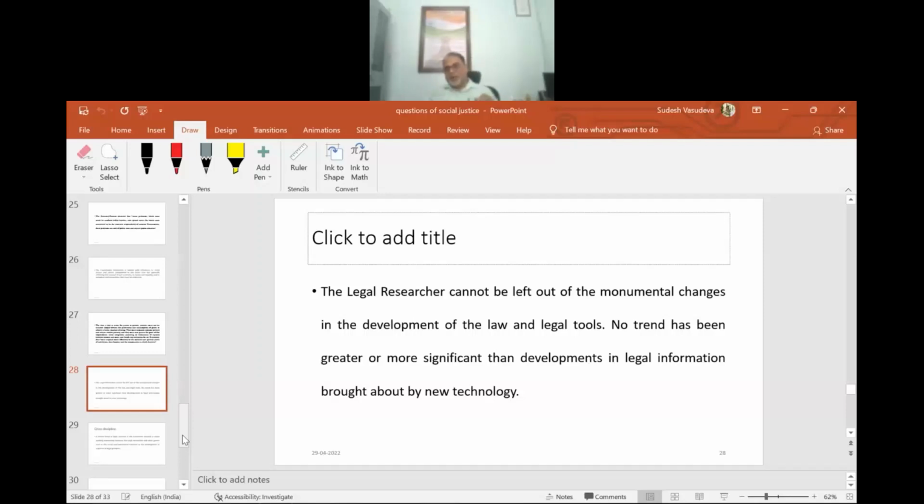The answer to the challenges of law, as someone said, cannot be found in the lexicon of Latin maxims. What are the challenges of law that we are facing today?